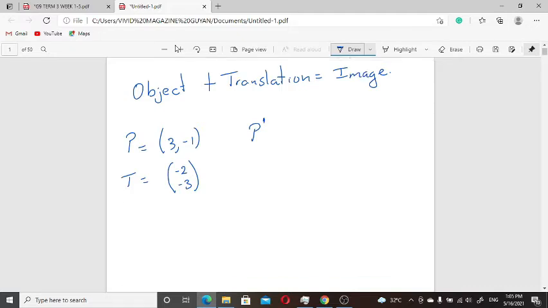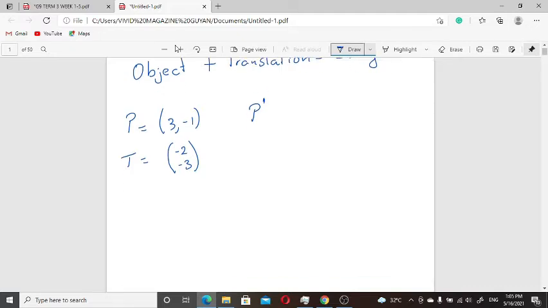So with that being said, I'm going to write it now as object plus translation equals my image. My object, which I'm going to write here, plus my translation, which I'm going to write here as (-2, -3), is equal to the image that I will be solving for.